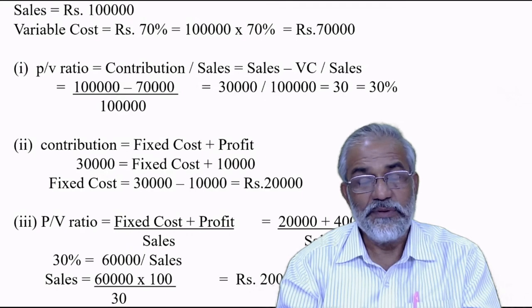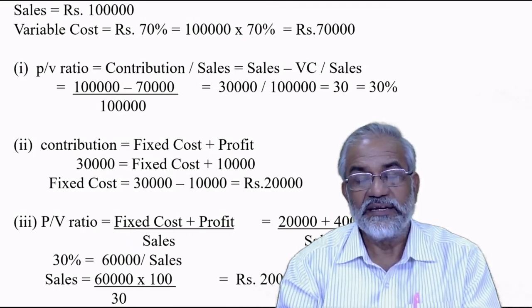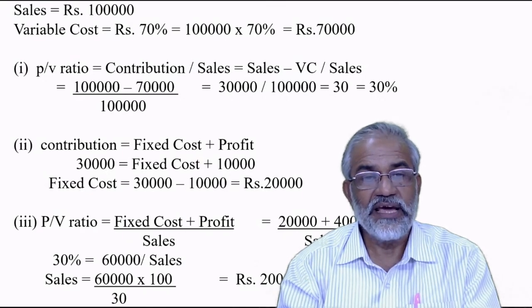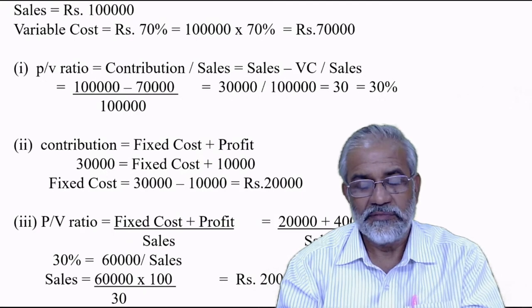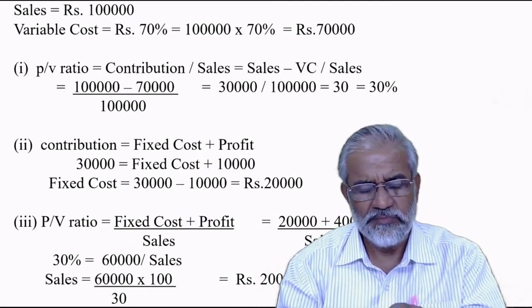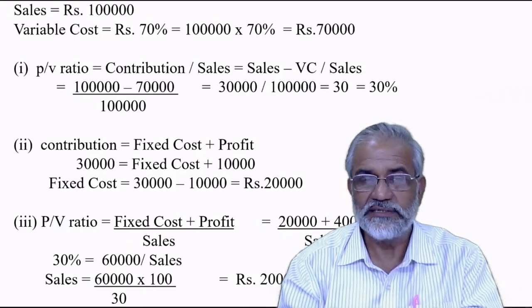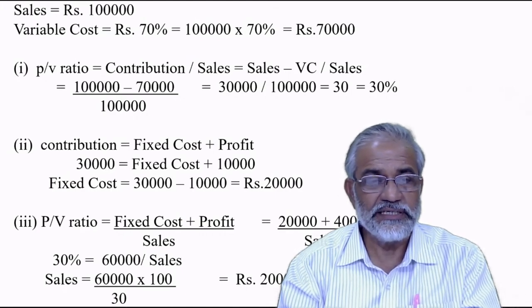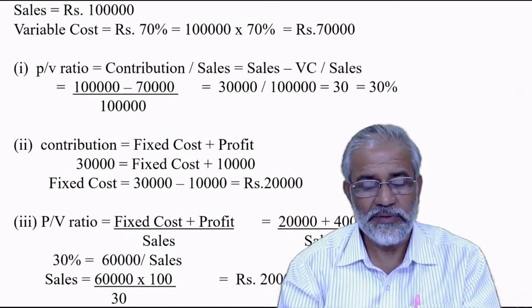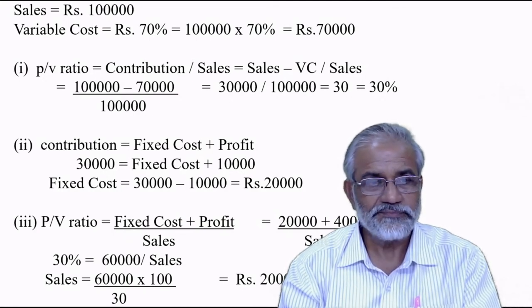So when the PV ratio is high, we can definitely say that the production activity of that particular product of that particular organization is in a very sound position. So the higher the PV ratio, the higher the favorability for the production of the particular product.